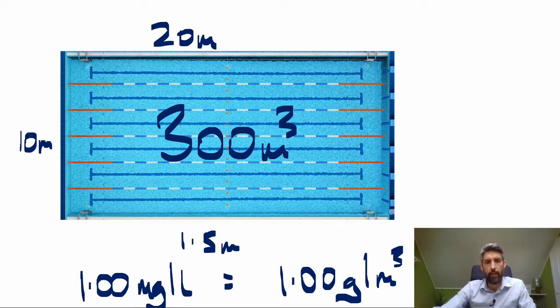So we want to increase by 1 milligram per litre, which is the same as saying we want to increase by 1 gram per cubic meter. We've got 300 cubic meters, therefore we need to introduce 300 grams of chlorine into this swimming pool water.